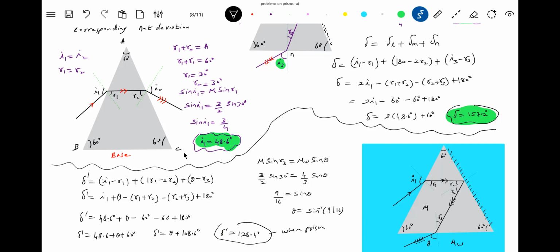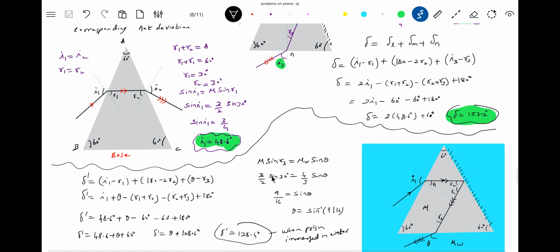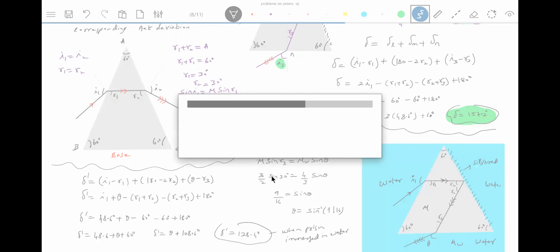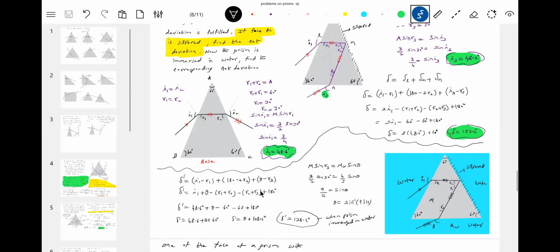When the prism is immersed in water, the surrounding is the water, and this is silvered. And the complete problem, I'll show it. This is what we have discussed.